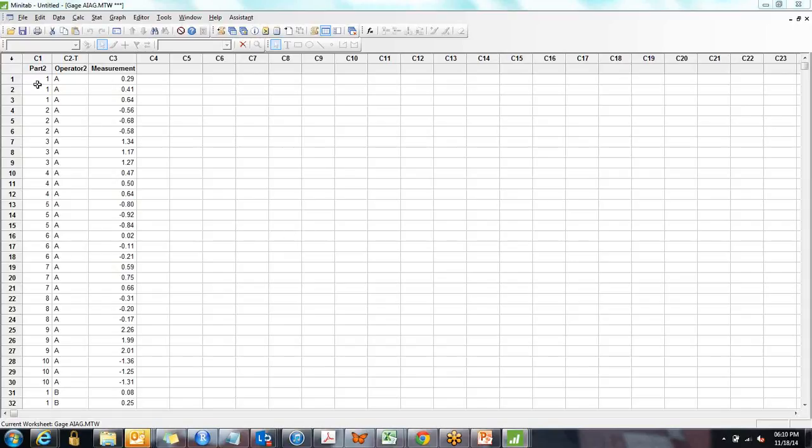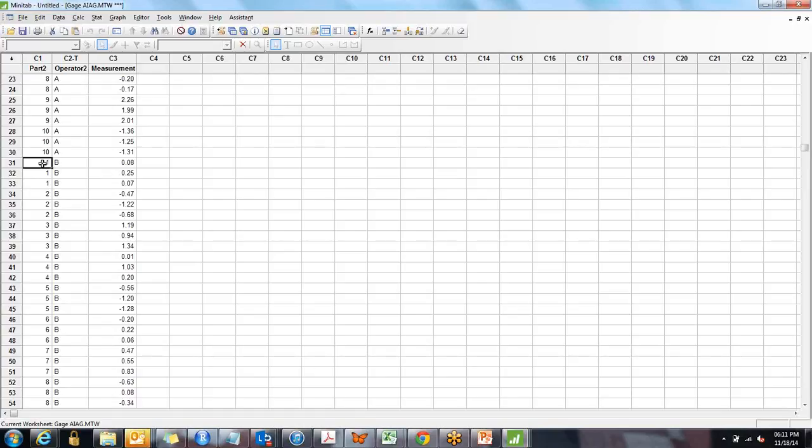So look at this. How many parts are there? Part 1, part 2, 3, 4, 5. This operator A is measuring all the 10 parts, and he has made a few measurements. This is the second example which you said.